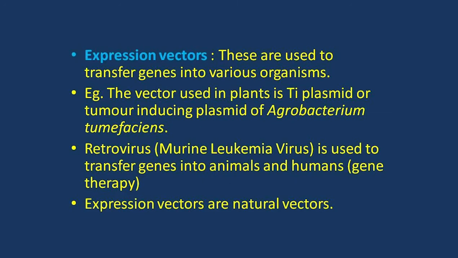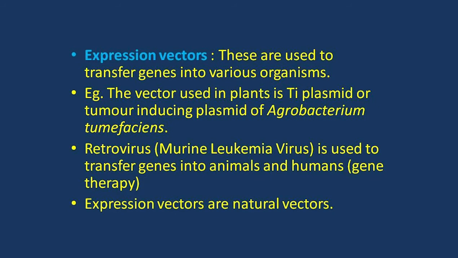Number two, expression vectors. These are used to transfer genes into various organisms. In plants, the commonly used vector is Ti plasmid or tumor-inducing plasmid of Agrobacterium tumefaciens. This bacterium infects only dicot plants and causes the disease crown gall tumor.